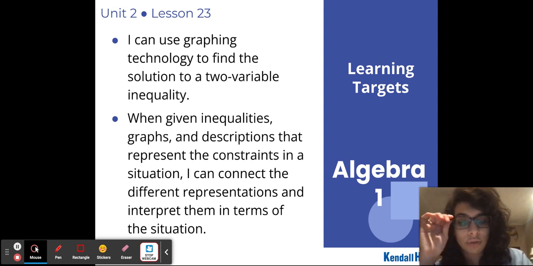We're just connecting every single piece we've been talking about before we go into our last lesson in this unit. This lesson is a little more practice understanding how we can put our variables in context and represent inequalities in a context. I look forward to doing some more practice with you in class.